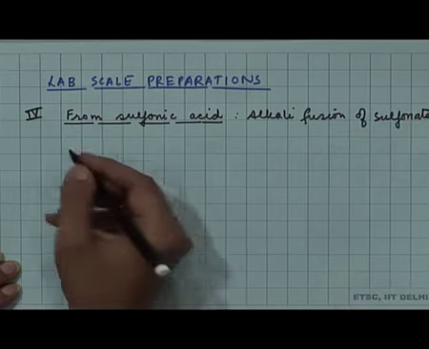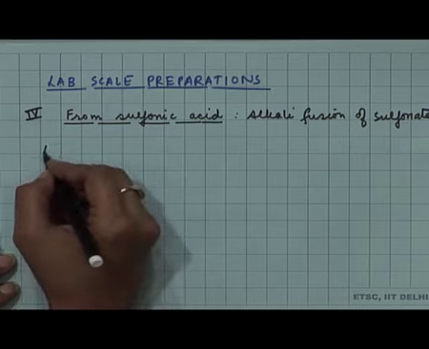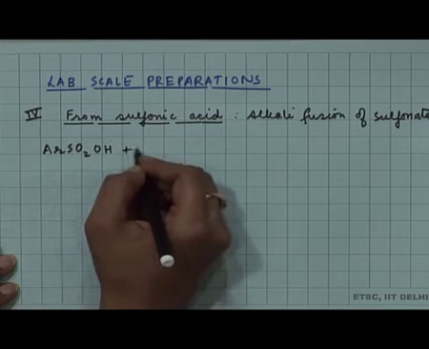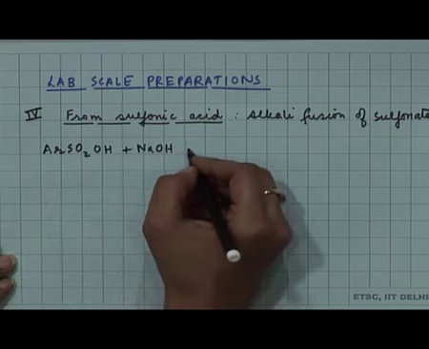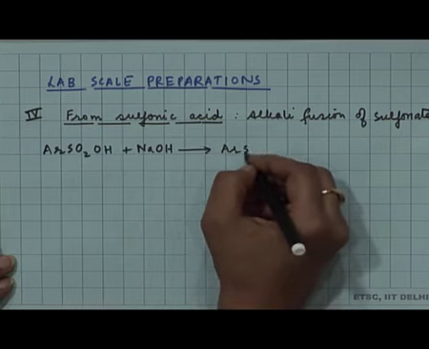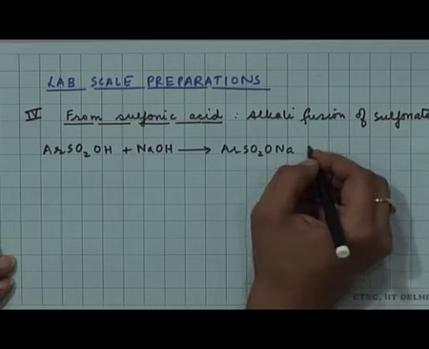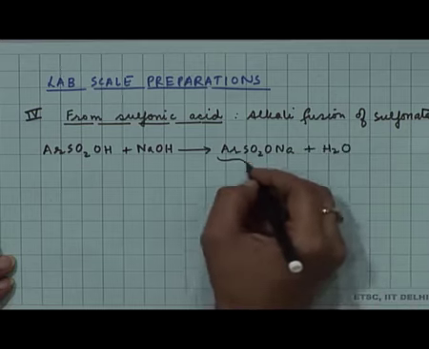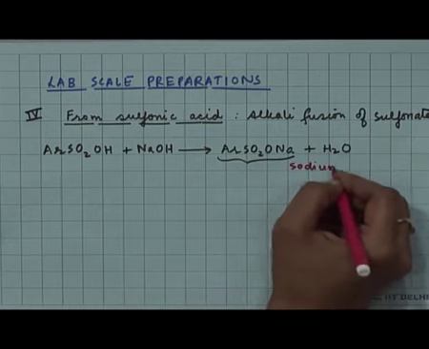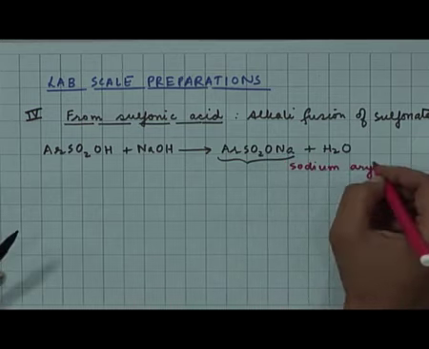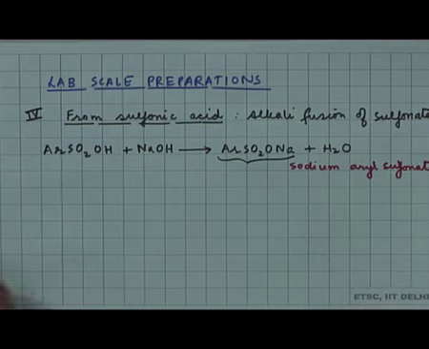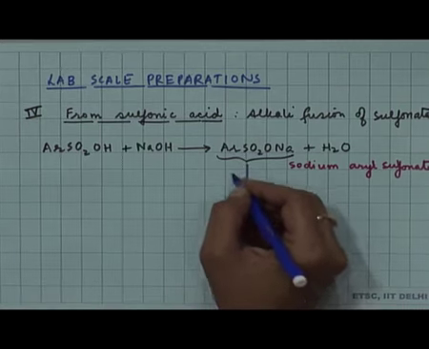In the presence of the alkali, you have your sulfonic acid, and you get the sodium salt of sulfonate. So, this is your starting precursor, your sodium aryl sulfonate, and this is subjected to fusion with the alkali.